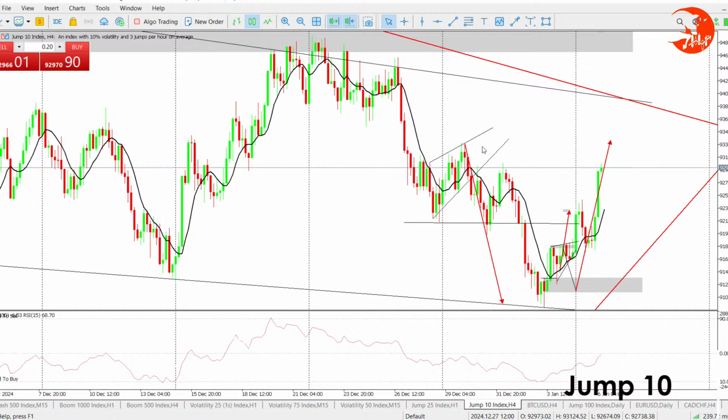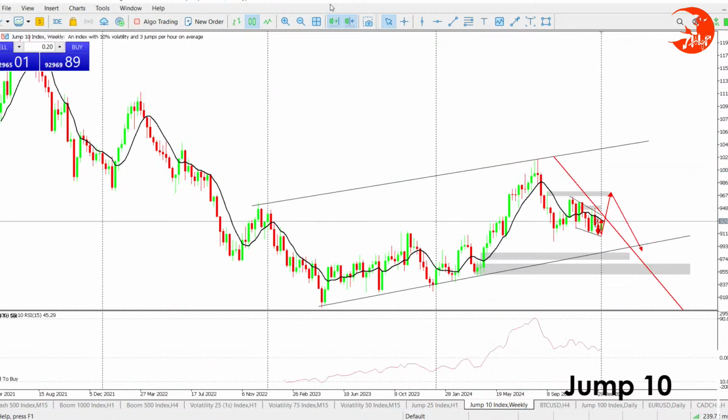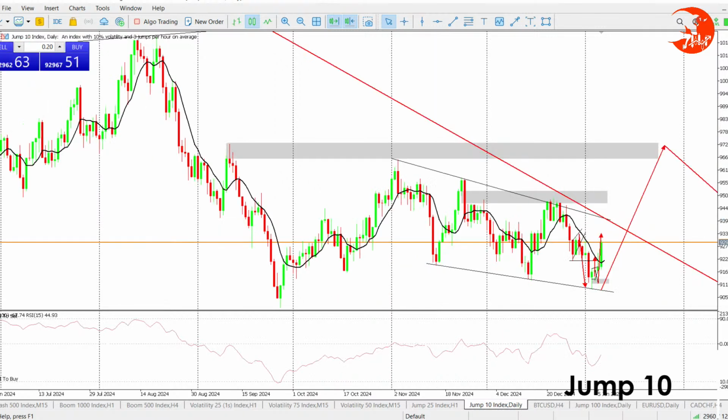All right, according to weekly, we know that it is within that rising wedge. But then, according to daily, it was within the falling wedge like that. So we are looking for a trade to bring us right there, according to the daily time frame. But it's still within this level.